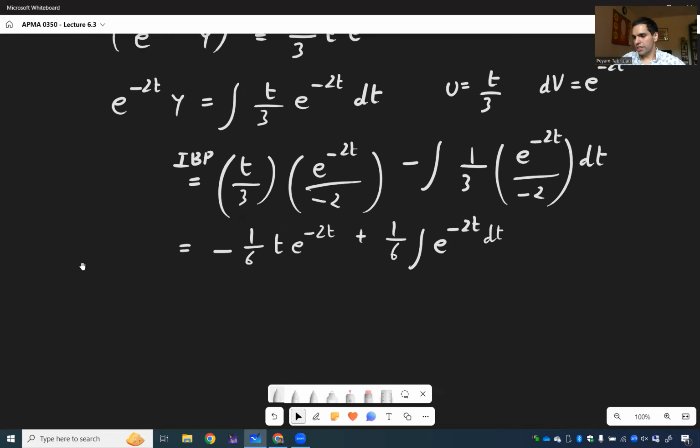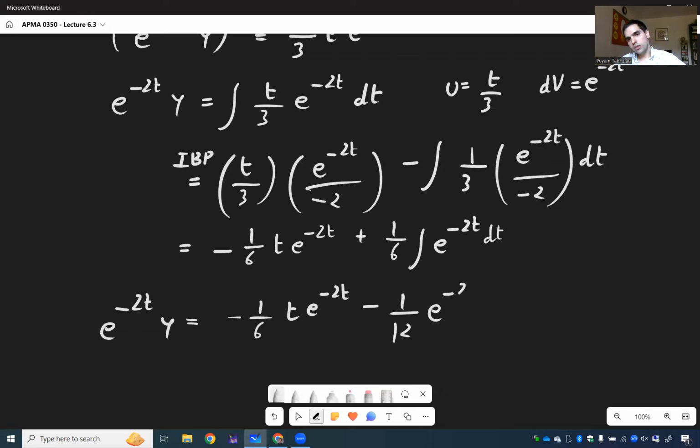And then essentially, what we end up getting is we still have e to the minus 2t y. That's minus 1/6, sorry, t e to the minus 2t, and then 1/6 times minus 1/2. So minus 1/12 e to the minus 2t plus a constant.